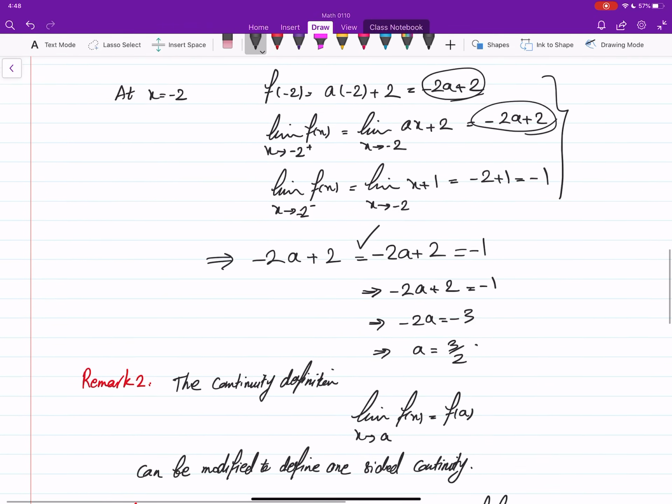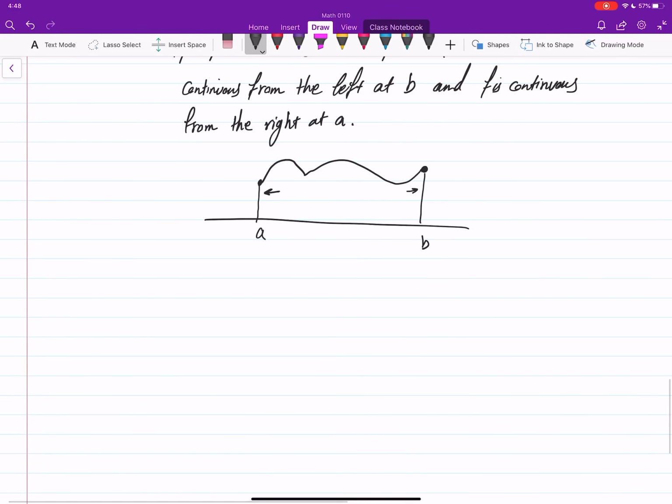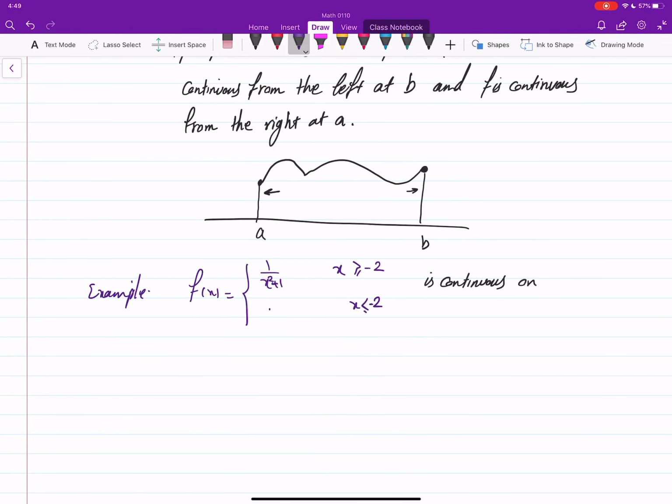The original example, f of x equals 1 over x squared plus 1 for x bigger than or equal to -2 and x less than 2, is continuous on, was it negative, I believe.